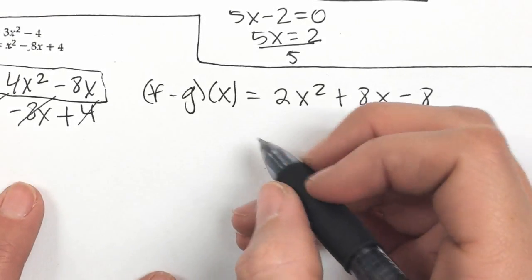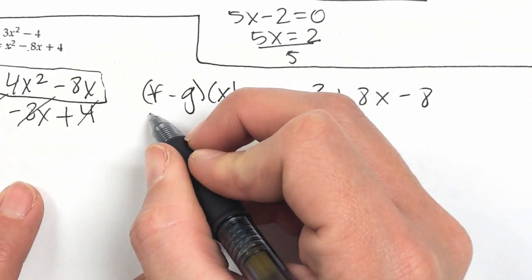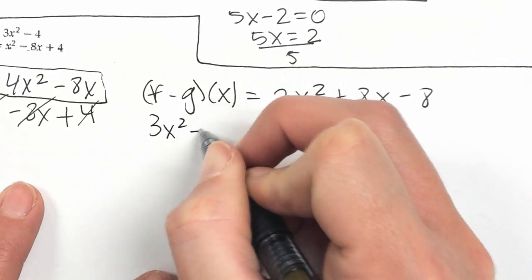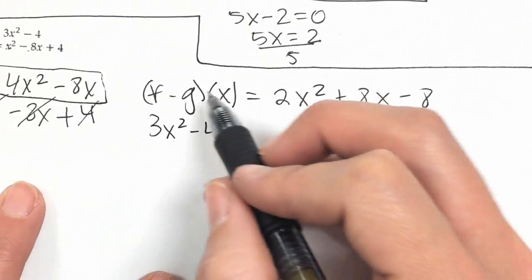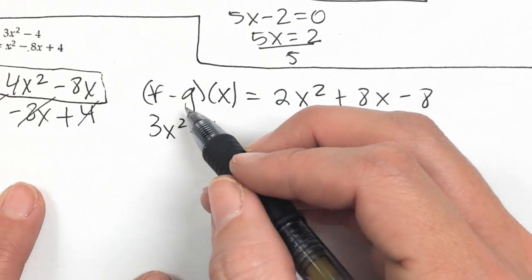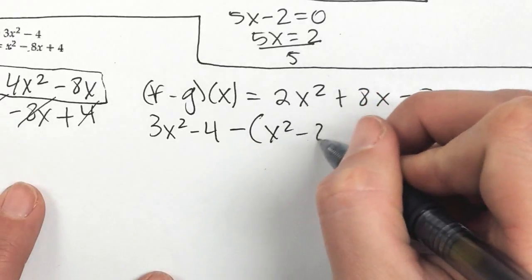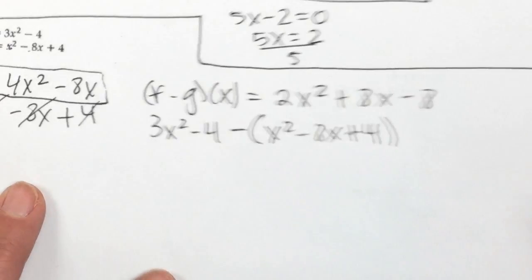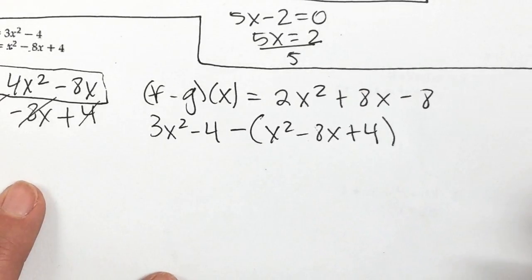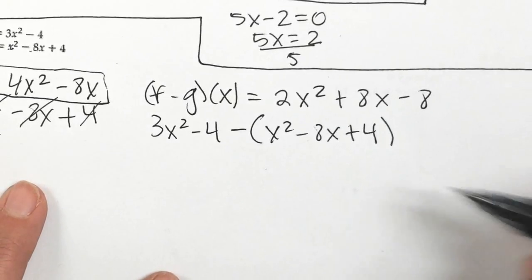Alright, what is the f? Good. And with the minus, it's subtracting all of g, right? So I like to put a minus and then put in parentheses x squared minus 8x plus 4, the entire function. So then from here, we have to get rid of the parentheses first, right? So how do we get rid of it?